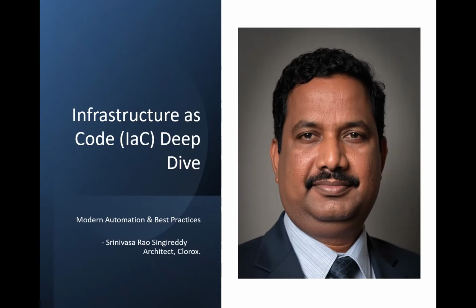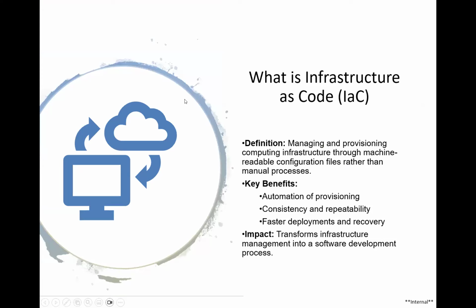All right, in this session we are going to talk about modern automation and best practices, and a deeper dive into IaC. So basically, what is IaC? In the past two sessions, I think we were talking about the automation side and DevOps practices.